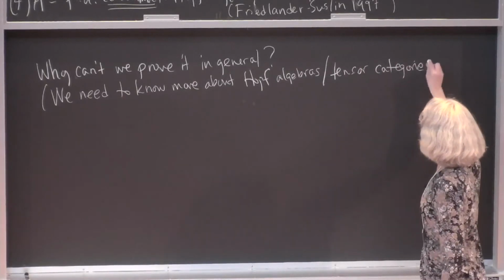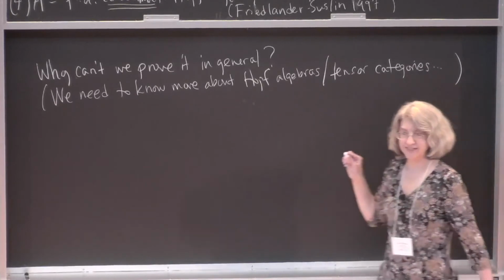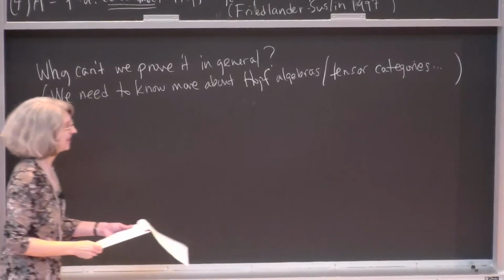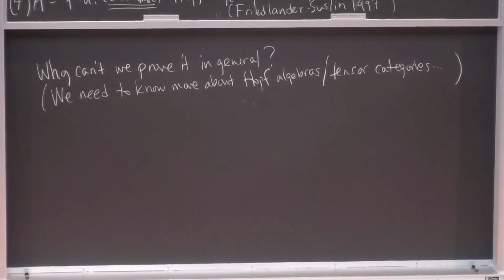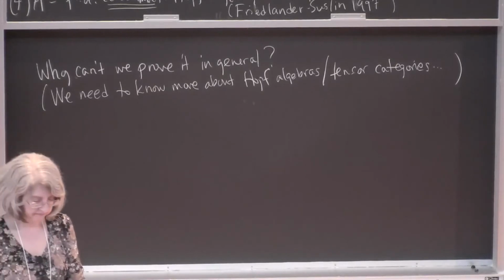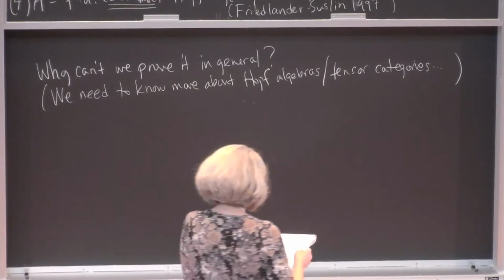Okay, so then we come back to classification efforts, right? If we understand more about the Hopf algebras or the tensor categories, then we can use that extra information to understand more about the cohomology, and then hopefully feed back into understanding the Hopf algebras or tensor categories themselves. Okay, so let me say something about this century, or this millennium.